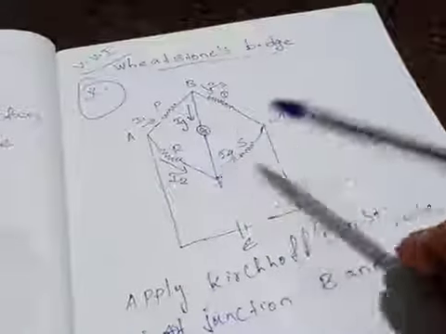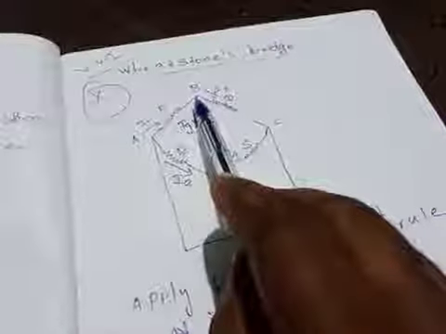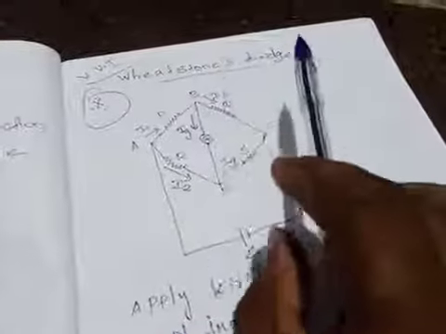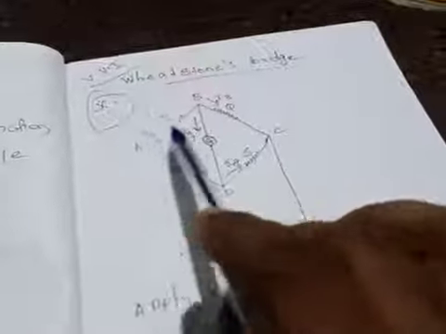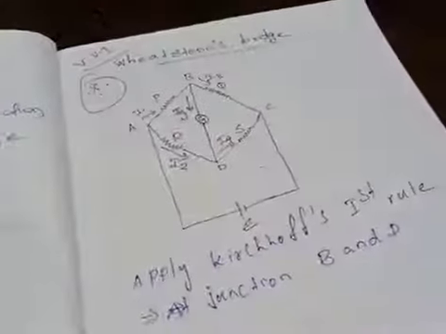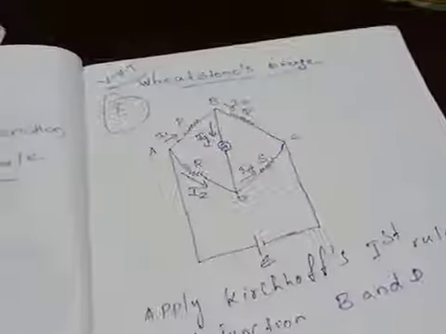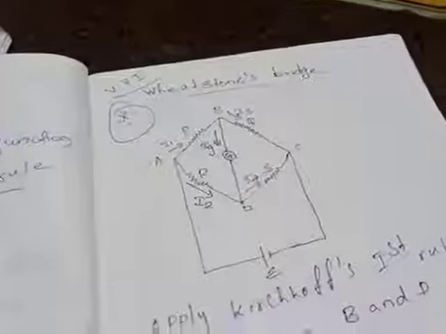We know that Kirchhoff's first rule says the current passing towards the junction or away from the junction, if you take the algebraic sum of all the currents through that junction, will be 0.